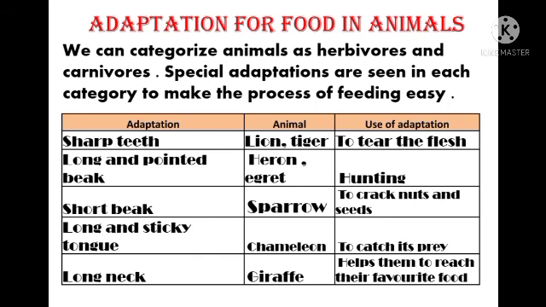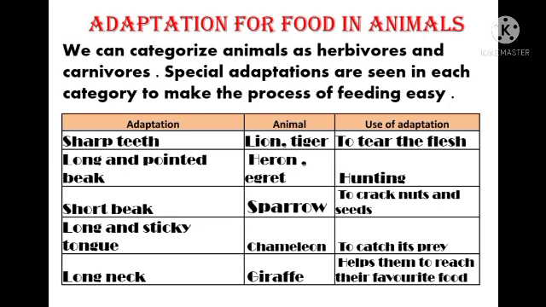Now the next adaptation is long and sticky tongue. Which reptile, which animal has a long and sticky tongue? It is the chameleon. And for what purpose is it? To catch its prey from a long distance. Have you ever seen a chameleon, students? Do you know how it looks? And what's the special character of it? It can change its color according to its surroundings.